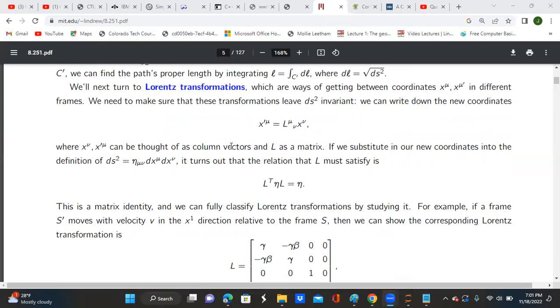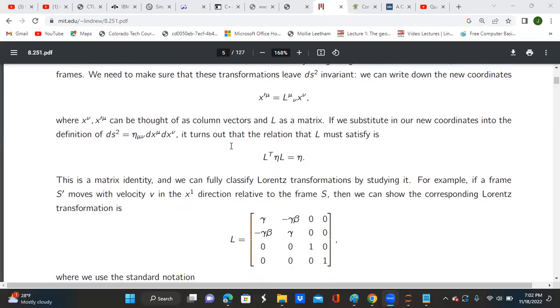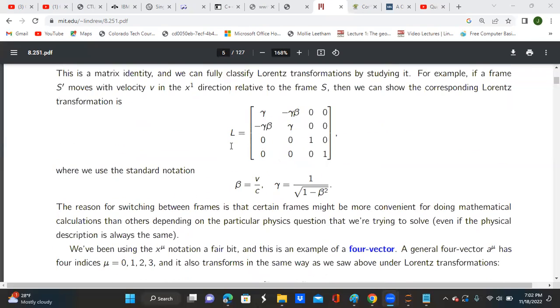If we substitute our new coordinates into the definition of ds squared equals η_μν dx^μ dx^ν, it turns out that the relation Λ must satisfy is Λ^T η Λ equals η. So this is a matrix identity, and we can fully classify Lorentz transformations by studying it.